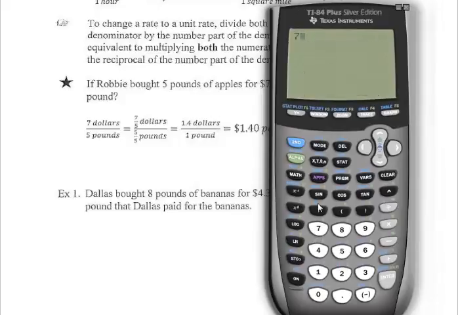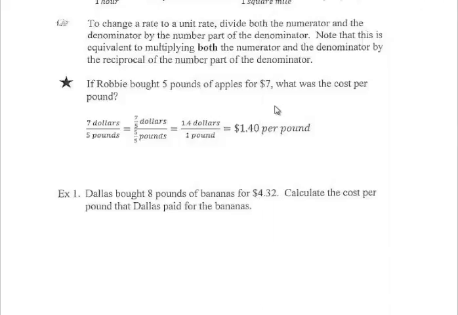What we end up doing is simply dividing 7 by 5, and we get 1.4, and that's our unit rate. 1.4 is dollars, per pound. The denominator is now 1 pound. So real simple: just divide the two numbers and you'll get a unit rate.